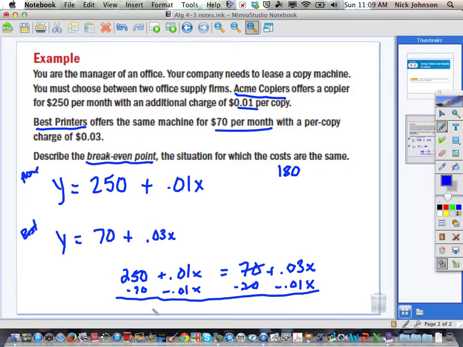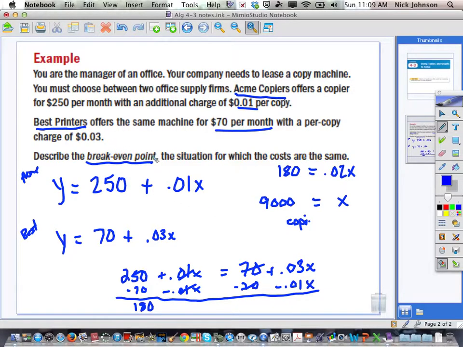Sorry. Okay. This gives me 180 equals 0.02x. And x is going to equal 180 divided by 0.02 equals 9,000 copies. Now, what does that mean?